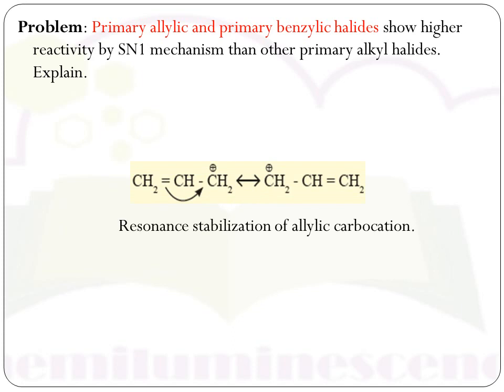An allylic carbon is a carbon having sp3 hybridization which is next to a carbon-carbon double bond. This carbocation is stabilized by resonance. That means the pi electrons from the double bond can shift over here and stabilize this carbocation and form this resonating structure, while in the second, again the pi electrons can shift over here and stabilize this carbocation. That's why it is a stable carbocation.